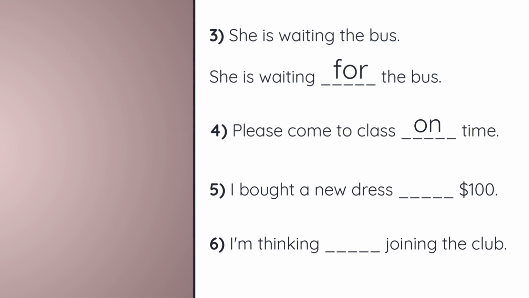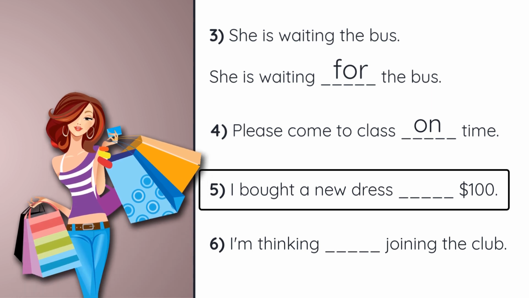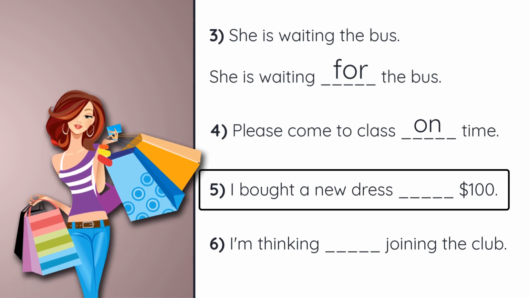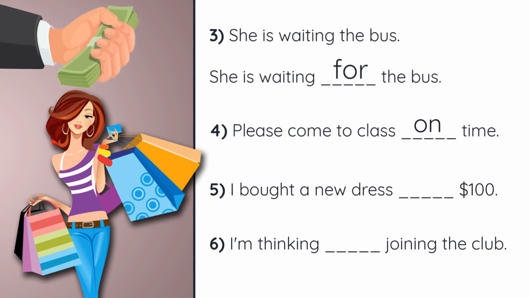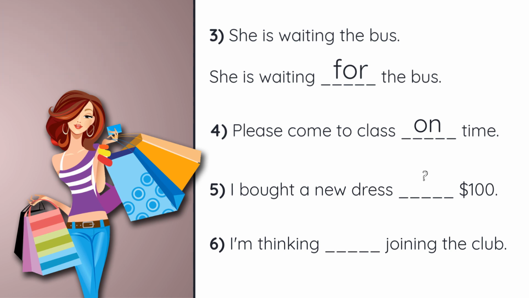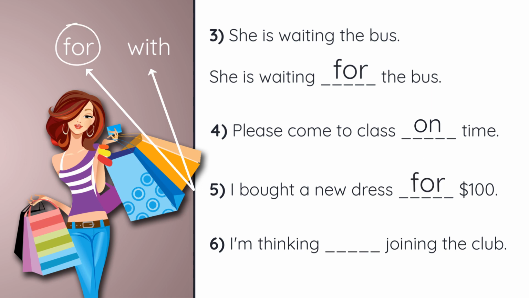Let's look at another example. I bought a new dress for $100. A lot of people make mistakes when we are talking about money and how much money we spend to get something. So, what do we use? Do we use with or do we use for? In this case, we use for.